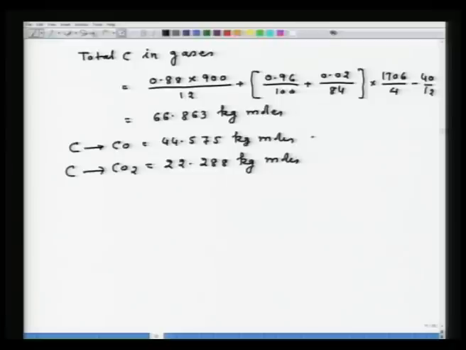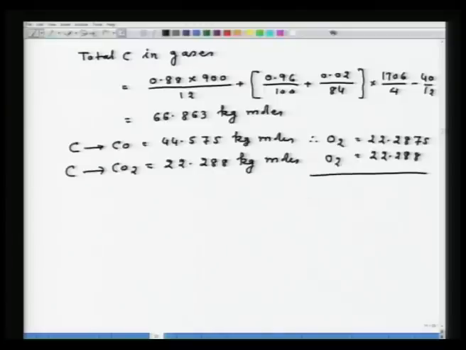Then we find O2 required for 44.575 moles of CO, that is 22.2875, and O2 required to form CO2, C plus O2 gives CO2, is 22.288. So, the total amount of oxygen that you require to supply is 44.5755. Remember, this oxygen is available at the tuyere for the carbon to combust.